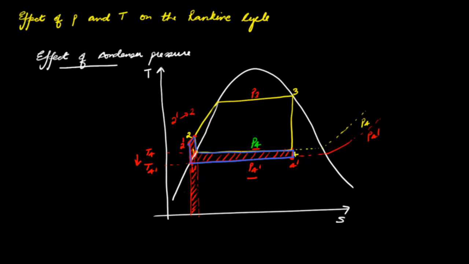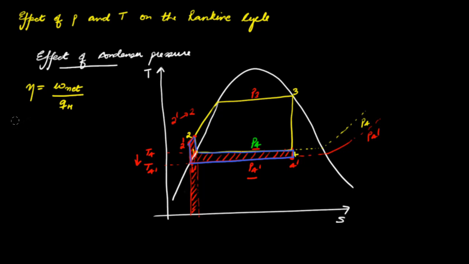Therefore, if we now consider the efficiency, so if we consider the efficiency of the original cycle that was in yellow color, that is, let's say, the net work output over the heat that is absorbed per unit mass of the working substance.